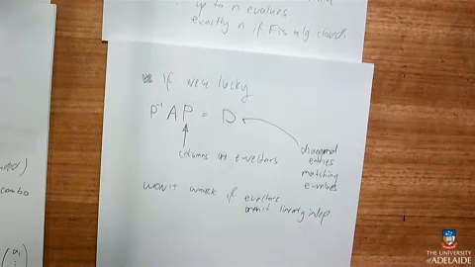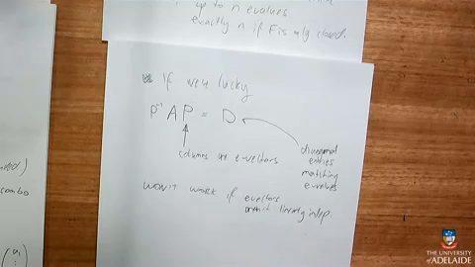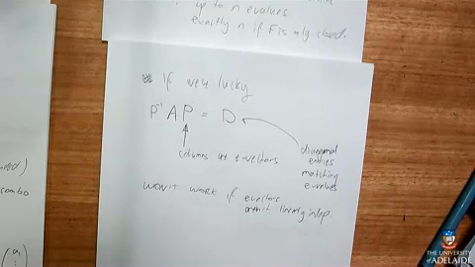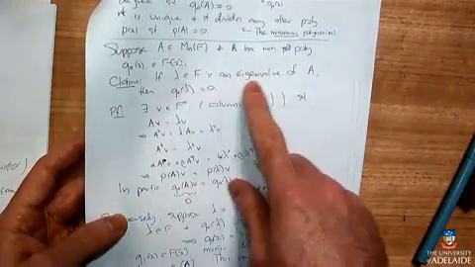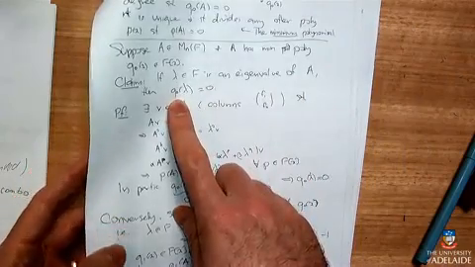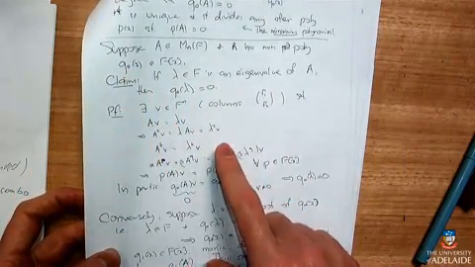As long as I can actually find it in the notes. Just looking to see if I can find stuff. So if this is an eigenvalue, then Q0 is a minimum polynomial.